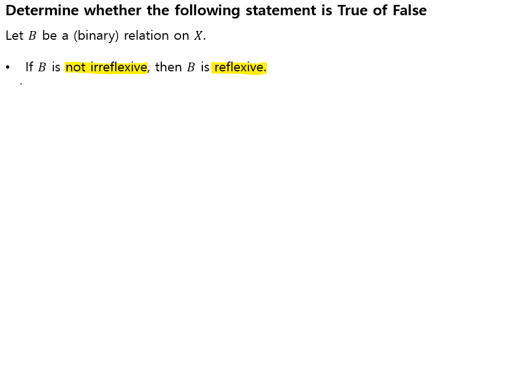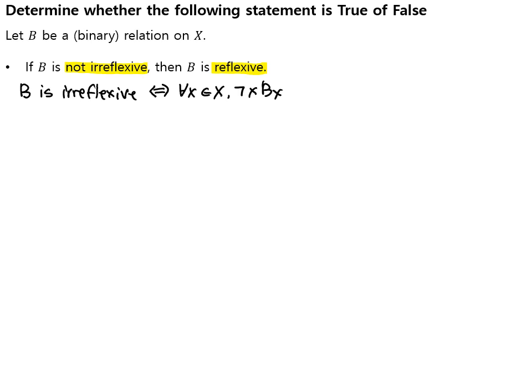So recall that B is irreflexive basically means, by definition, for all elements x in X, it is not the case that x is related to x.